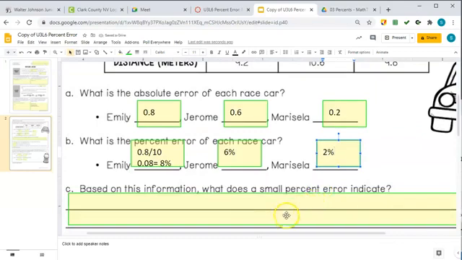Based on the information, what does the smallest percent error indicate? That's a good question. What do you think? Go ahead and fill that out. Okay, in my mind, the smallest percent error means that it was the closest to 10.